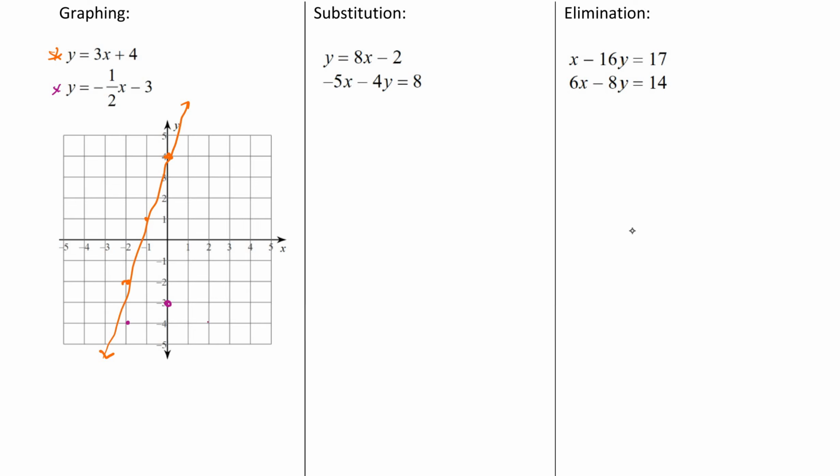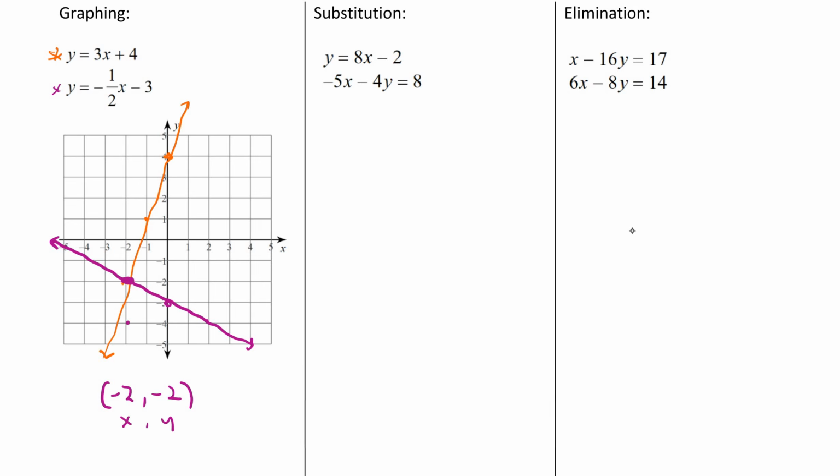Down 1 and to the right 2. Or I could go up 1 and to the left 2. And I should see where those two intersect. Right there at that coordinate. So I go ahead and write that coordinate down. It's -2, -2. X comes first, Y comes second.